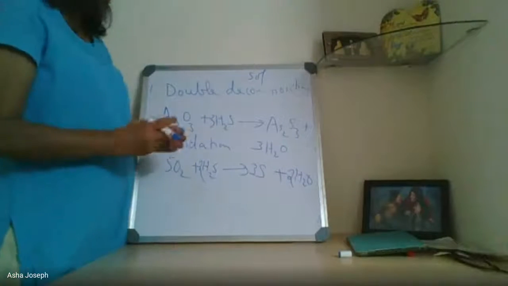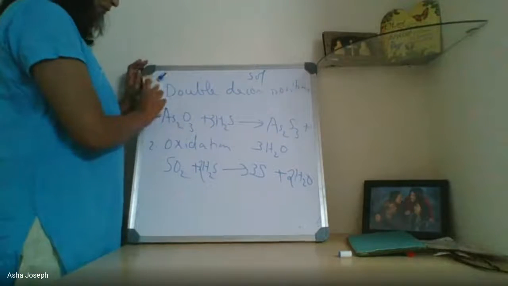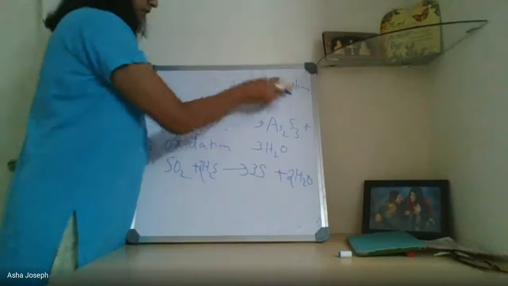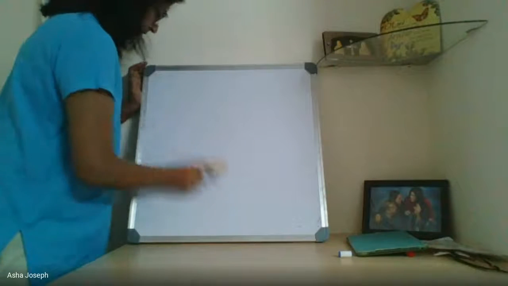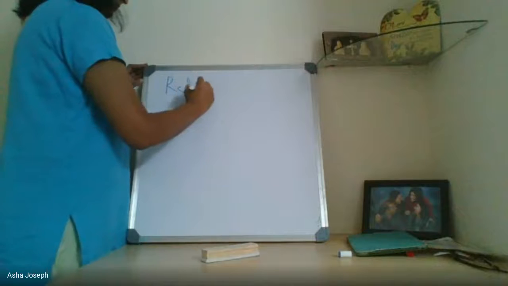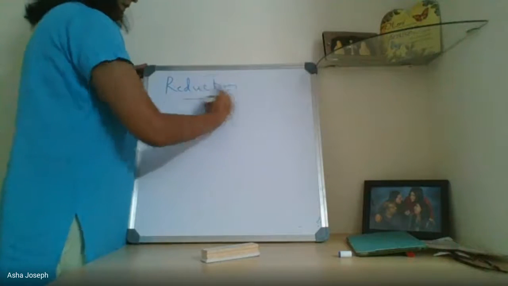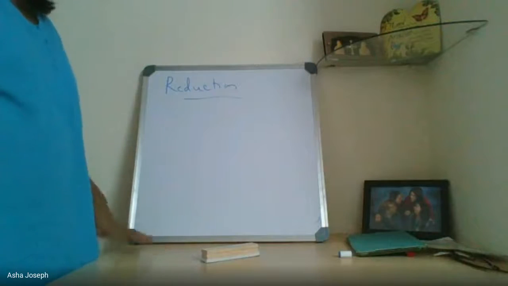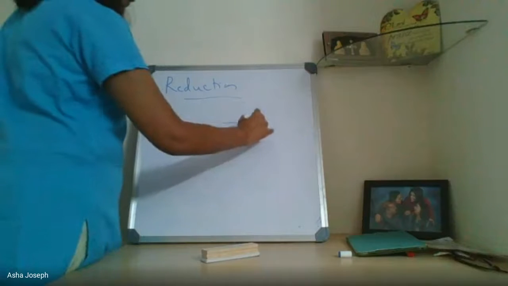Done, ma'am, both. Done? So 2 you learned and now the third one, reduction. In reduction, we get gold sol. So that you already know, that gold.